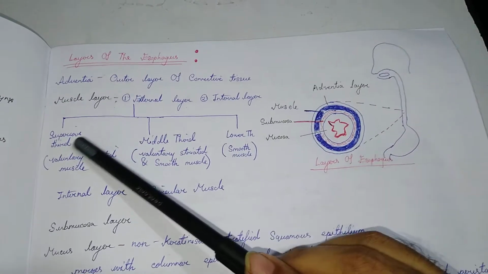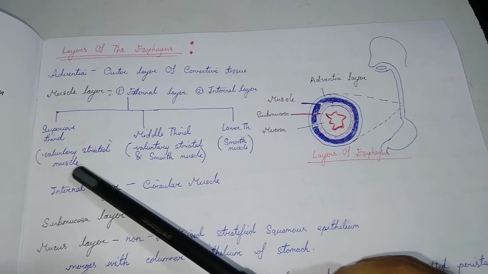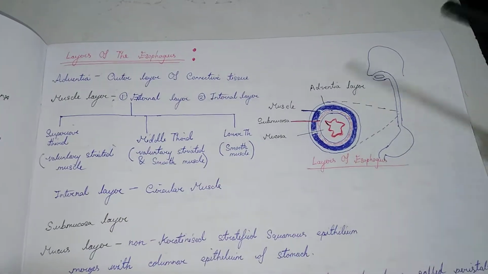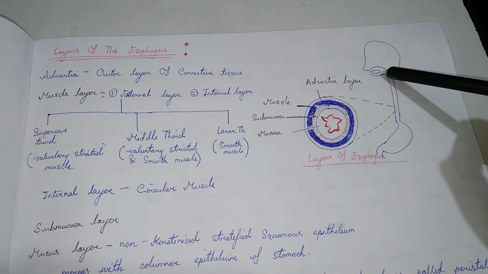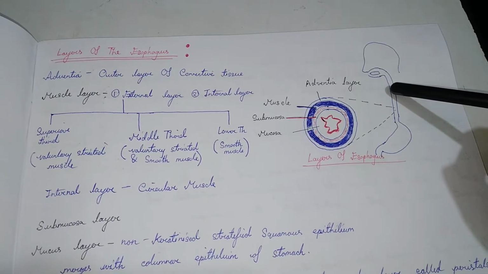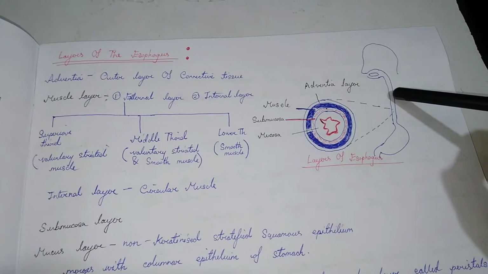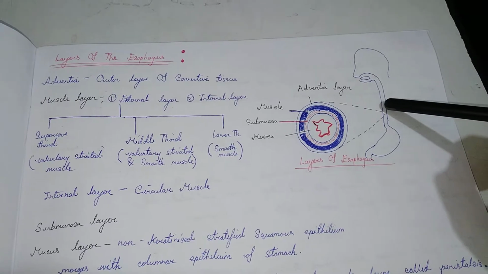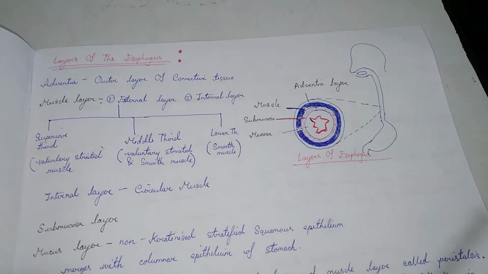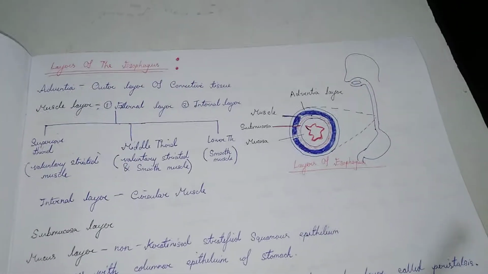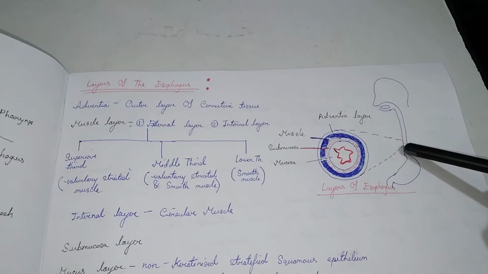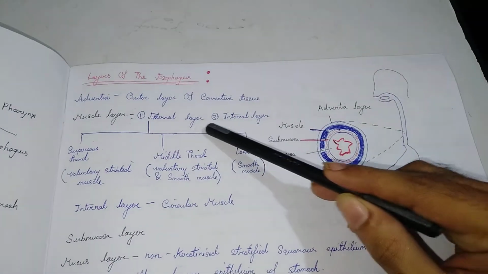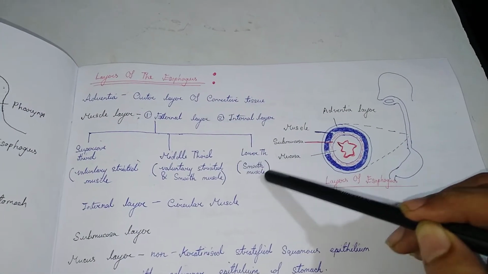The external muscle layer in the superior part consists of only voluntary striated muscle. The middle third consists of both voluntary striated muscles as well as smooth muscles. And the lower third of the external layer consists of only smooth muscles.